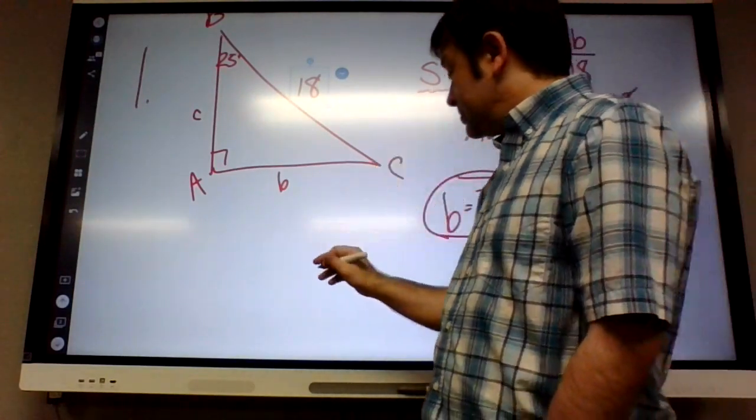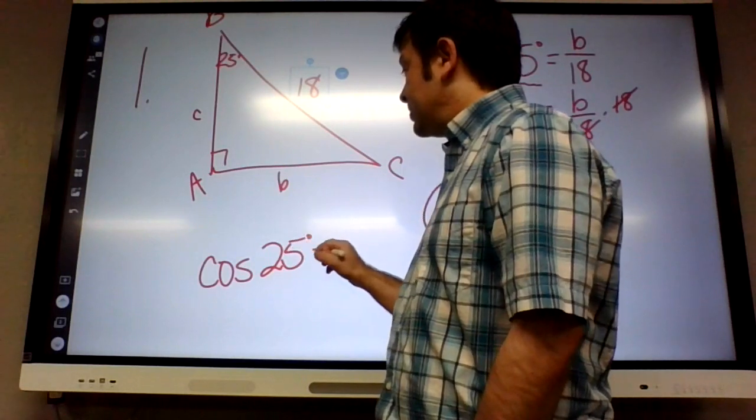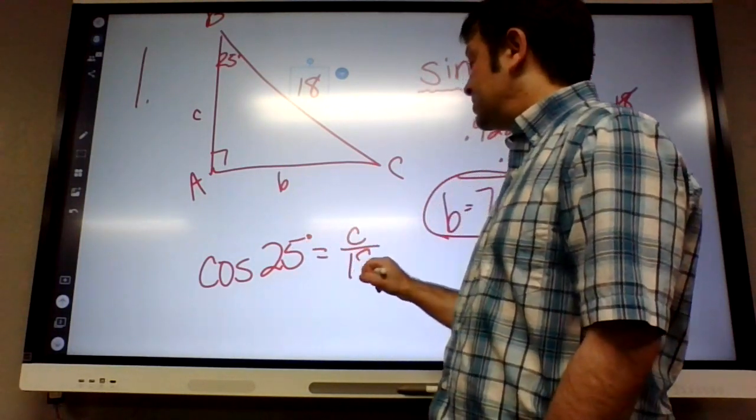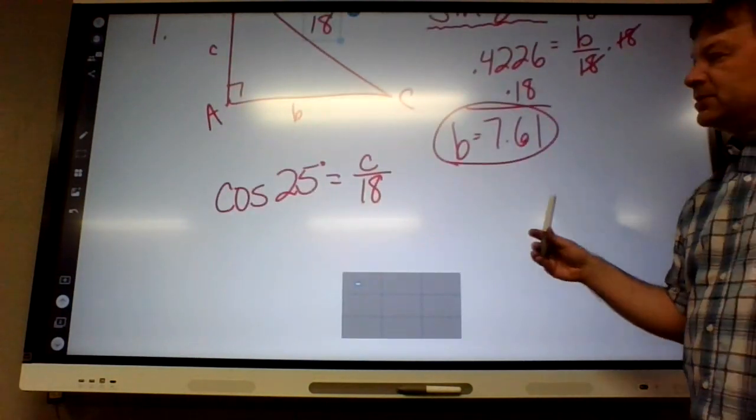Cosine. So this time it's cosine of the angle, 25 degrees, equals adjacent over hypotenuse. It's pretty similar.